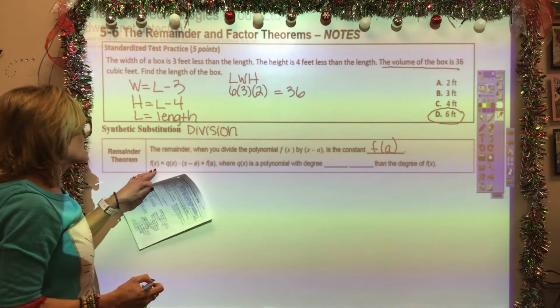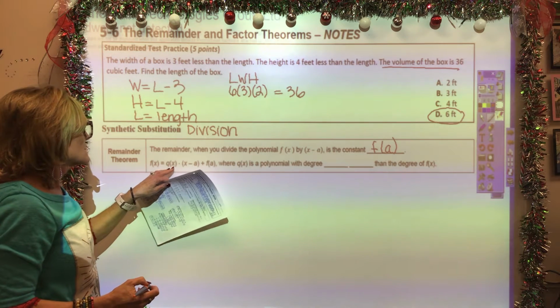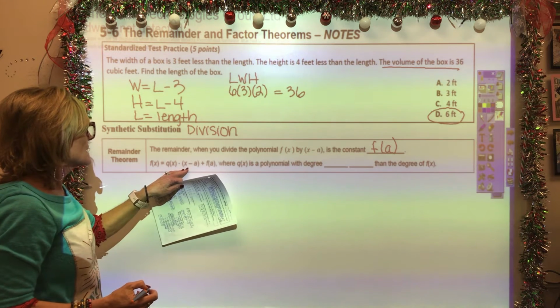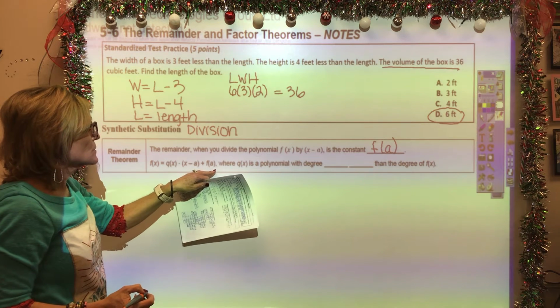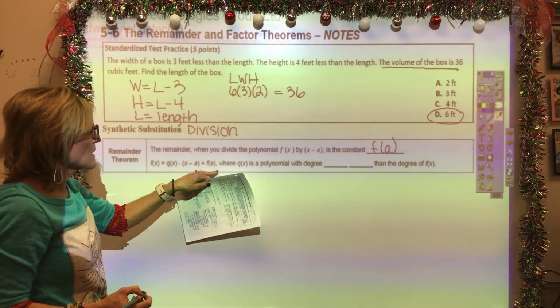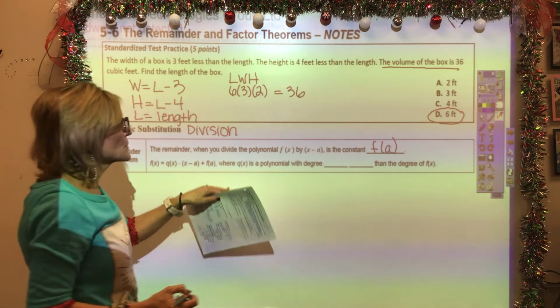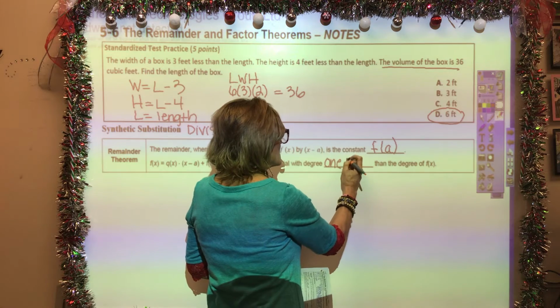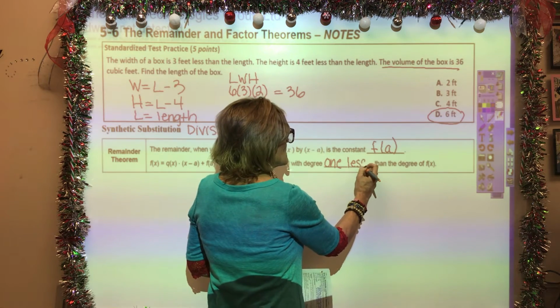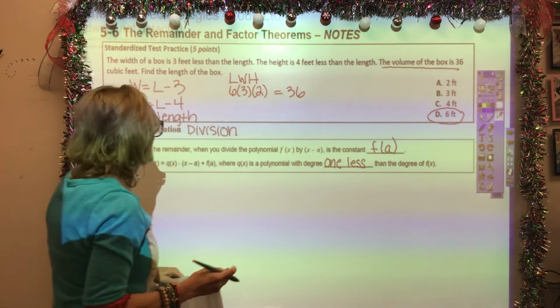F of x equals q of x times x minus a plus f of a, where q of x is a polynomial with a degree 1 less than the degree of f of x. Okay.